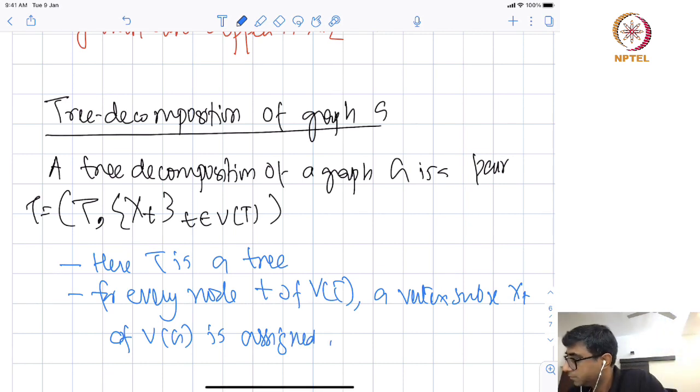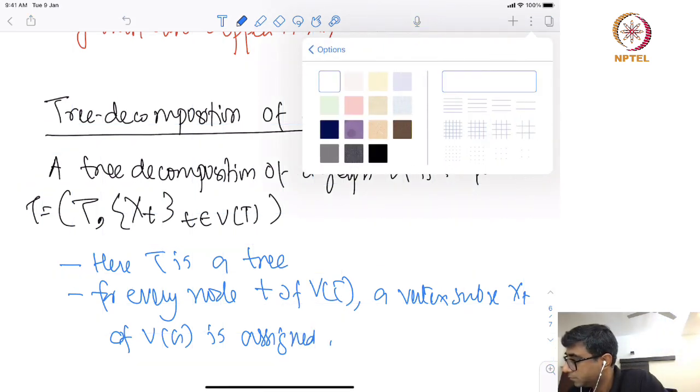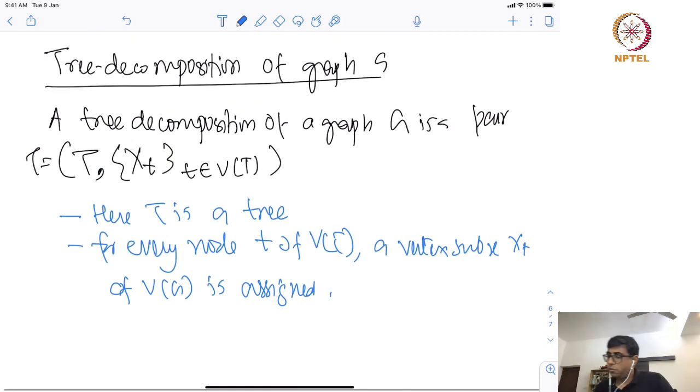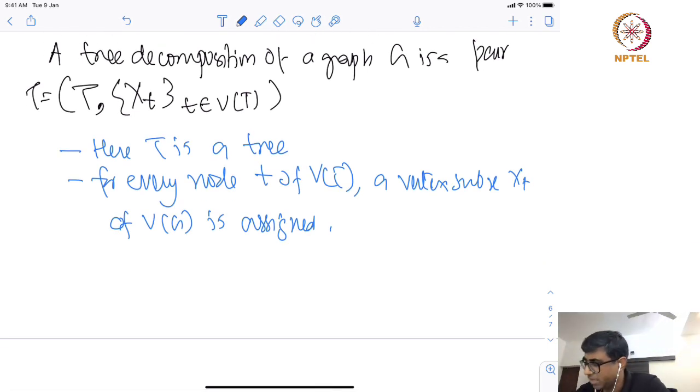Okay. So basically, the way I have been explaining up until now, a tree decomposition of a graph is a pair, a tree, and xt, which is like for every node you are associating a subset of the vertex set. And what are the properties? That is like it satisfies some very basic properties.